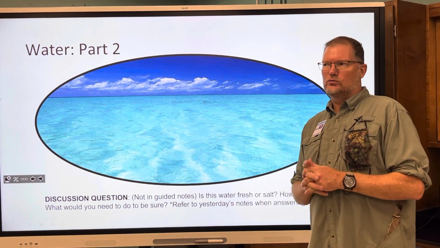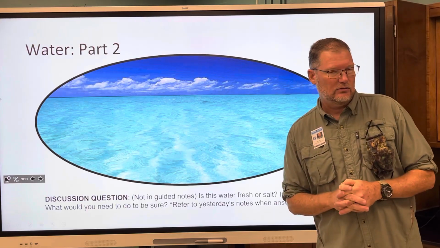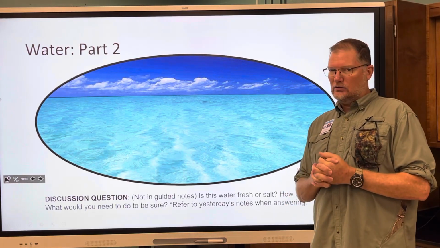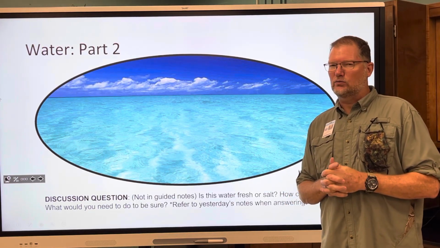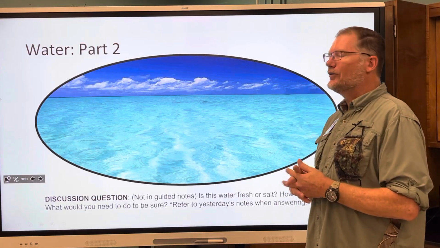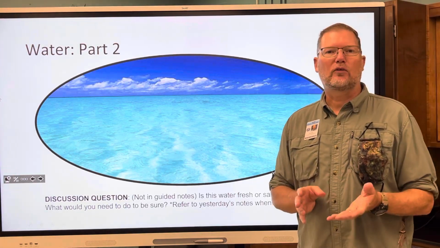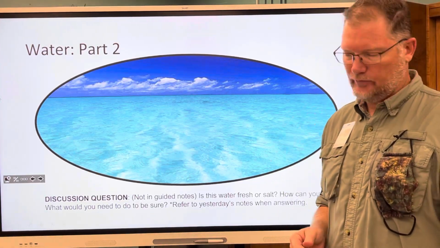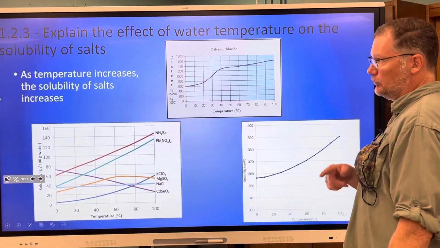Could you test the density of it? That's probably the easiest way to do it. So, other than tasting it, there are some other things you can do, which we're going to learn about later in this class today.